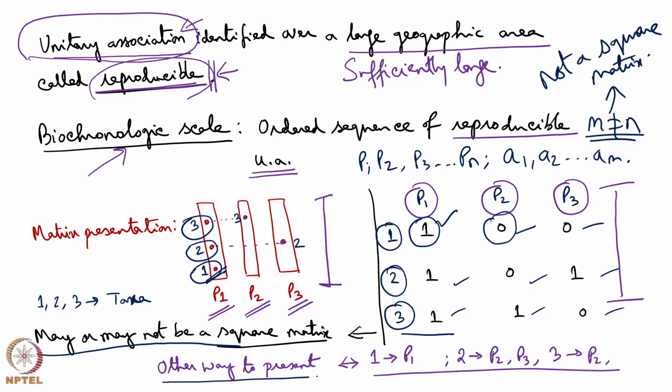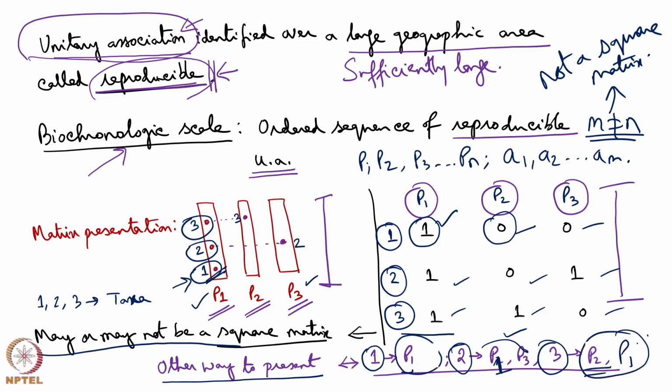The other way to present is that taxon 1 is present in P1, taxon 2 is present in P1 and P3, and taxon 3 is present in only P2 and P1. This way we can present.